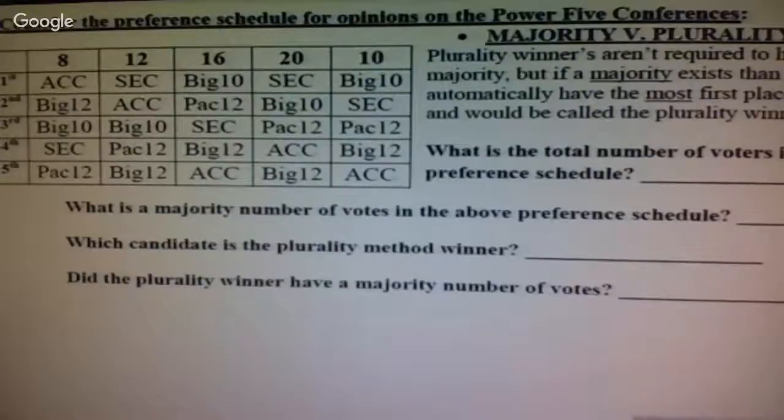All right. Let's look at this one. What is the total number of voters in this preference schedule? How many people voted in this preference schedule? 20, 30, 40, 50, 66.